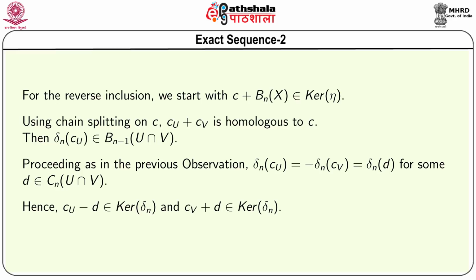For the reverse inclusion, we start with c + B_n(X) from the kernel of η.